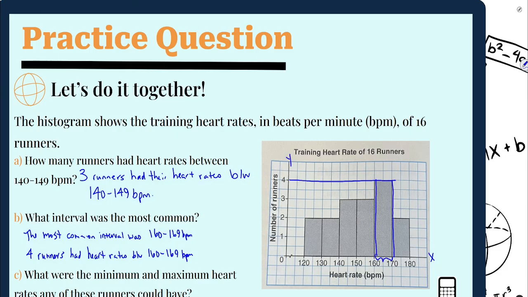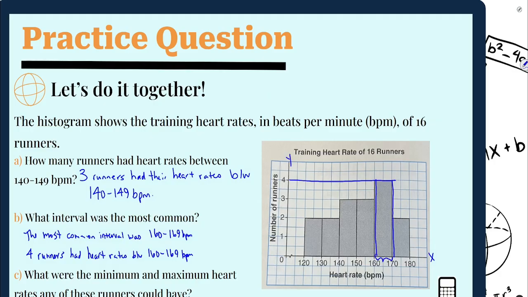There are different ways to write it, as long as you are showing that you can read the graph and see that we're looking at the most common, so the highest number of runners, and then looking down to the x-axis, which has the interval.